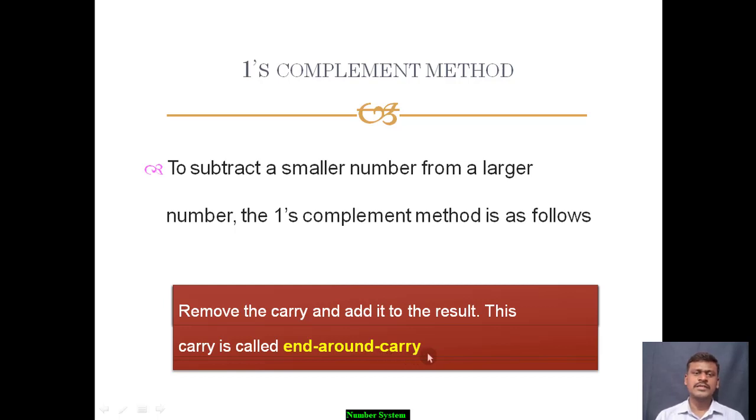In the ones complement subtraction method, from smaller to larger, we will get a carry. That carry needs to be added again to the result. So that carry we call an end around carry.